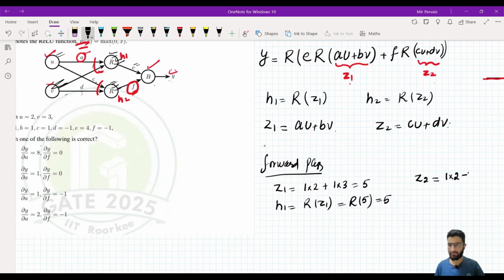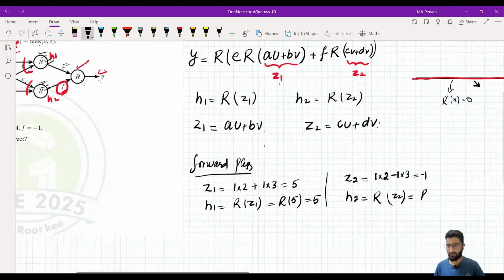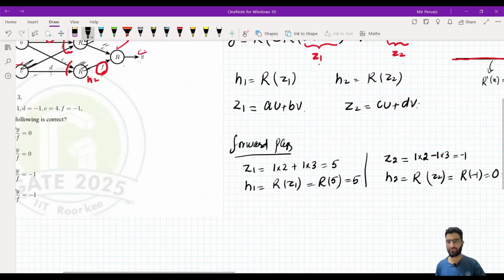So minus 1 into 3, this is minus 1. So H2, which is ReLU of Z2, which is ReLU of minus 1, which is 0. So these are the two values we got.